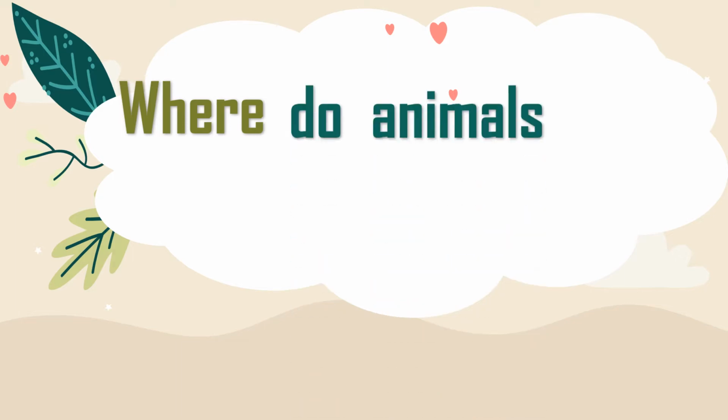Where do animals live? عندي كمان يا prime 1 verb live يعني يعيش. ده كمان جديد علينا فياريت نحفظه. Please keep it. Live, يعيش. Where do animals live? يعني أين يعيش الحيوانات.